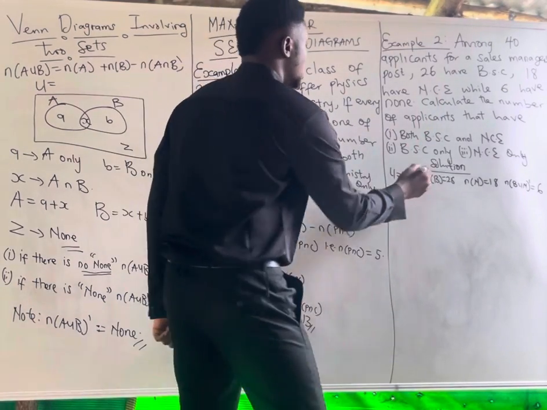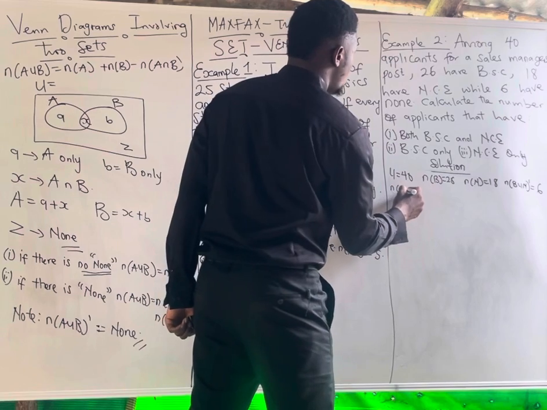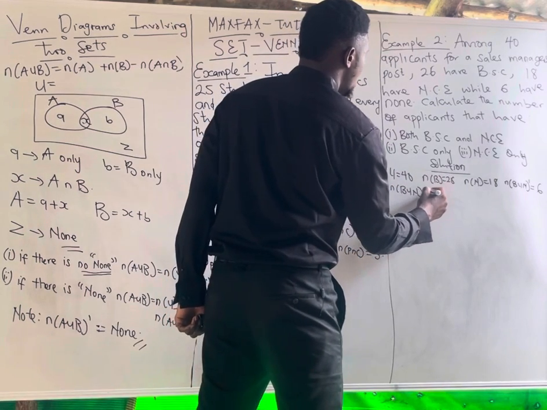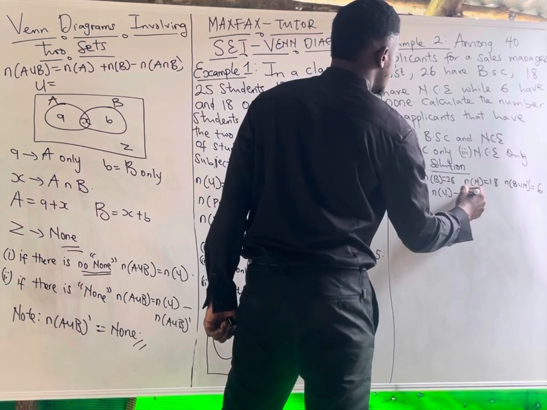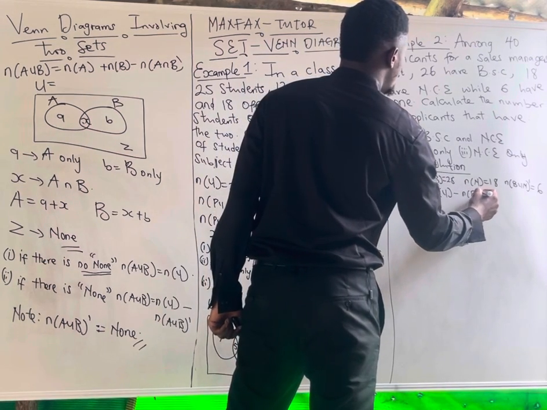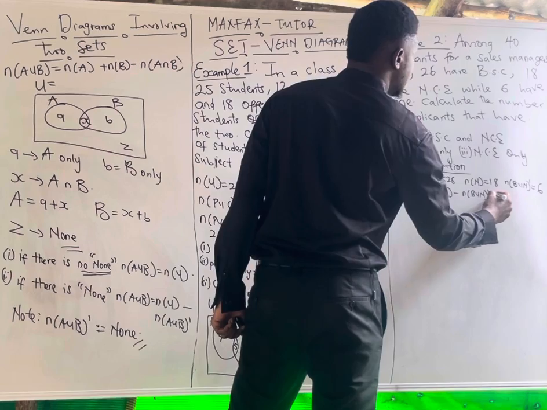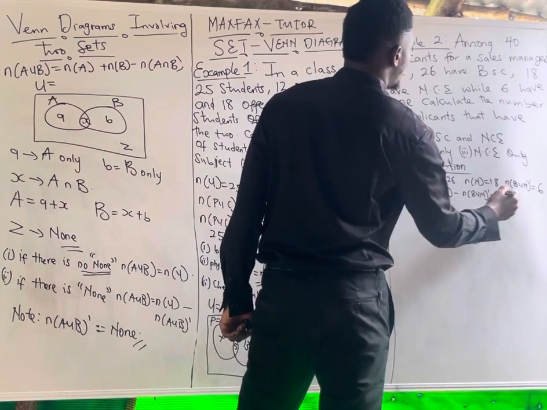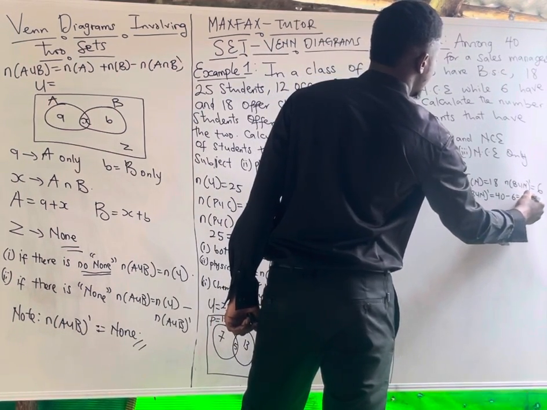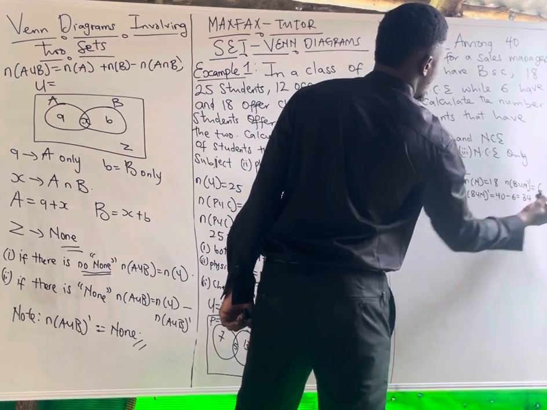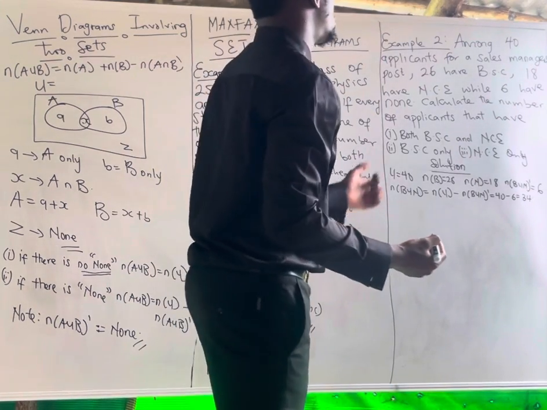You will just say that the number of B union N would equal your universal set minus (B union N) complement. That is, universal set is 40 minus the complement, that is 6, which gives 34.